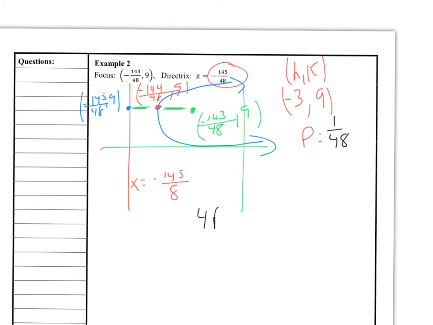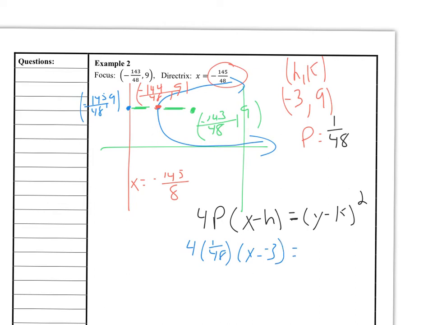So 4p times x minus h equals y minus k, quantity squared. Plug it in, plug it in. P is 1 over 48. H is negative 3. And y minus k, which is 9, squared.